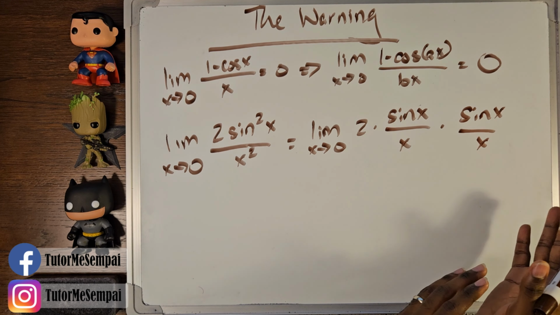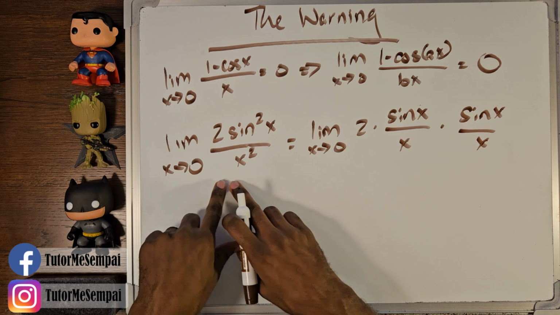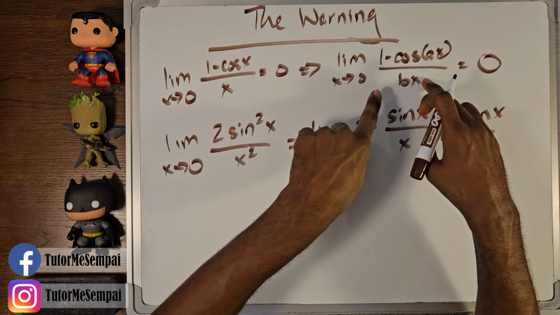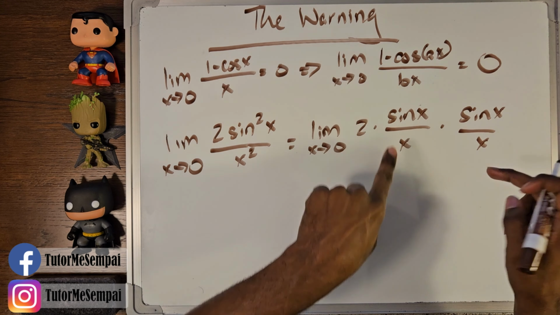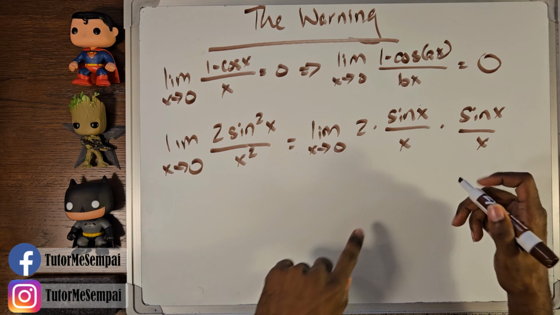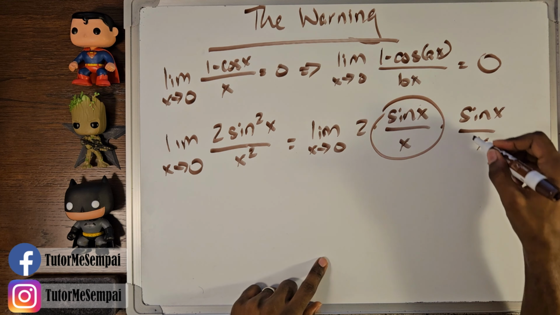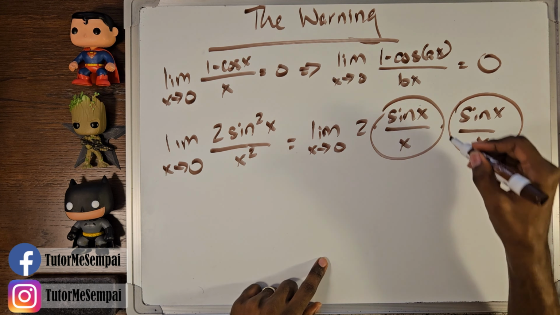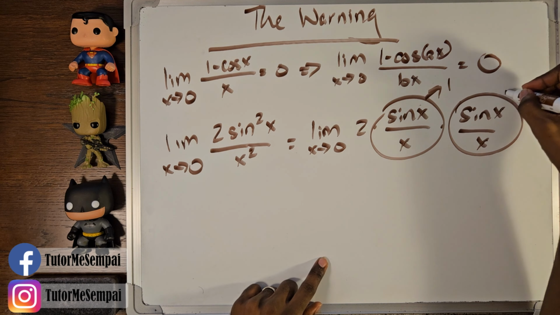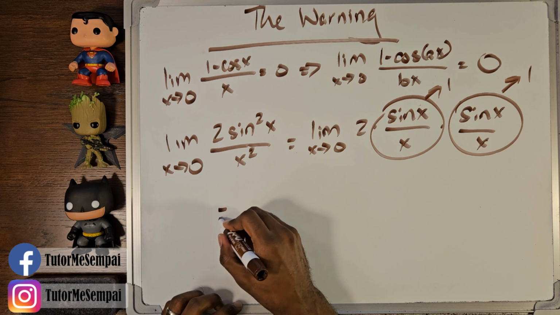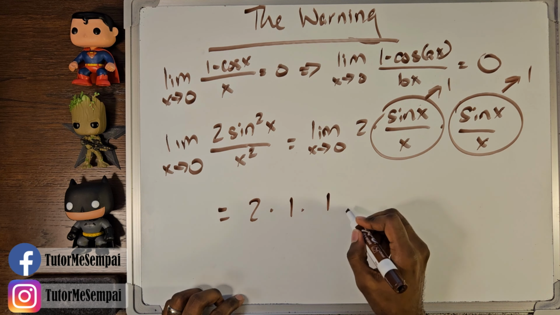Think back to your shortcut. See, we started somewhere else, right? We started with something that looked like this, but not quite that. And now we're utilizing our other shortcut, because what does this go to? What does this go to? These go to 1, which means that your final answer is going to be 2 times 1 times 1, which equals 2.